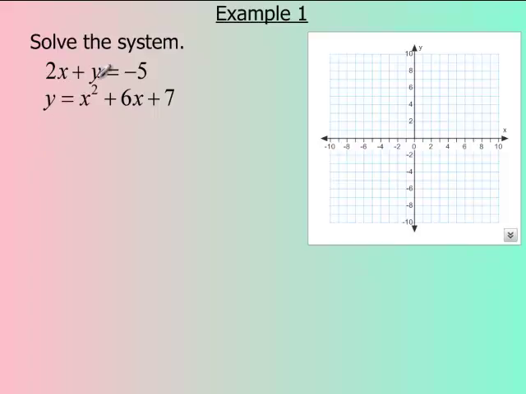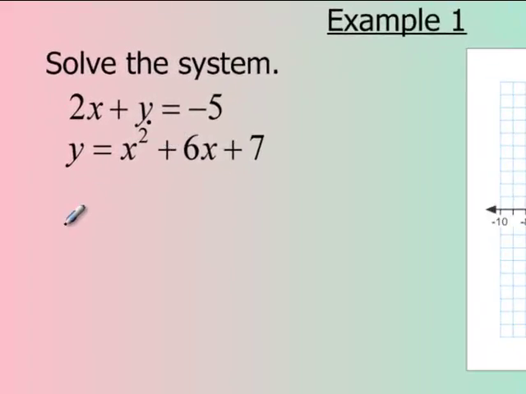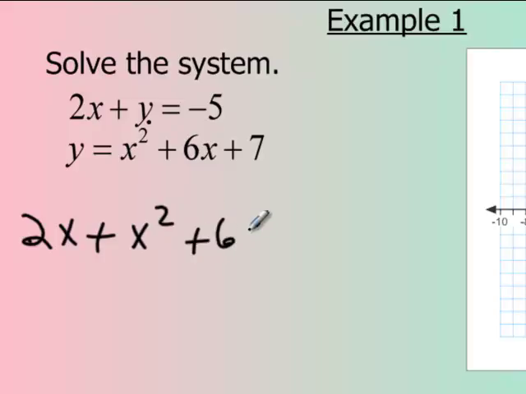So I'll just substitute that into the first equation here. So I would rewrite the first one as 2x plus, and then in place of y, I'm just going to put (x squared plus 6x plus 7) equals -5.